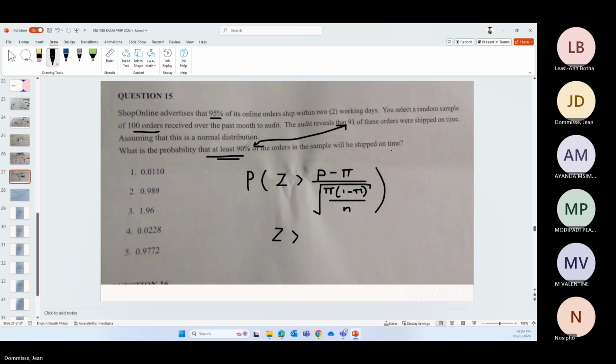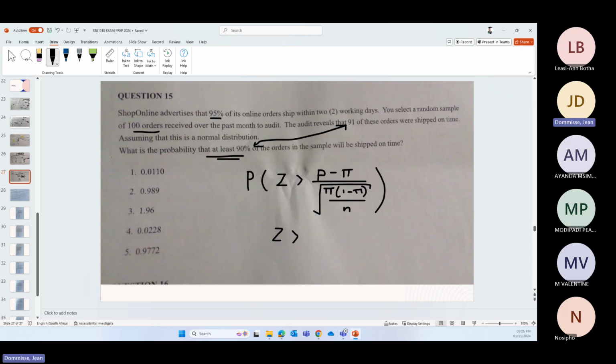I wonder if this was an error in the numbers used, or is it that the audit reveals that 91 of these orders were shipped?